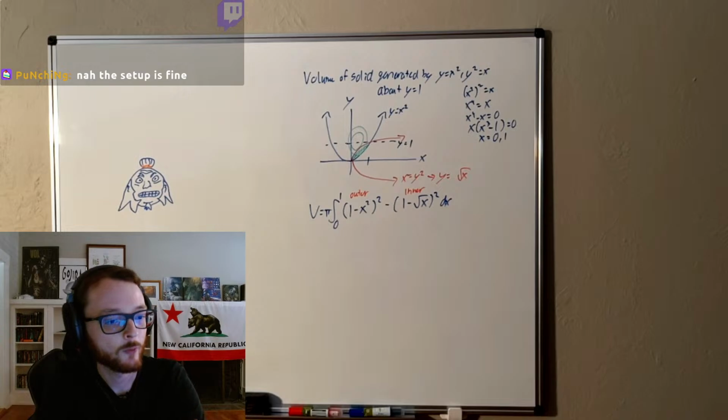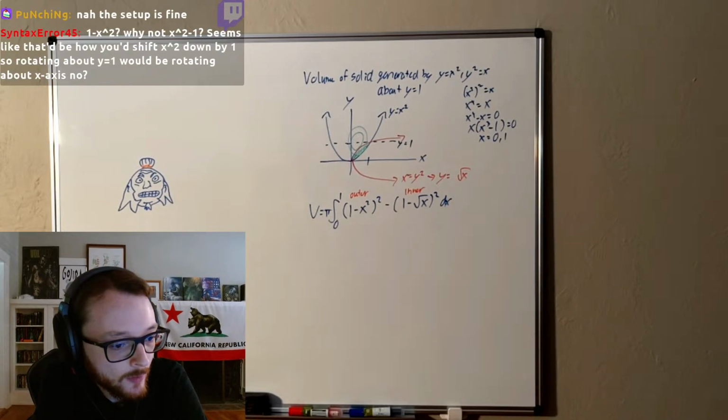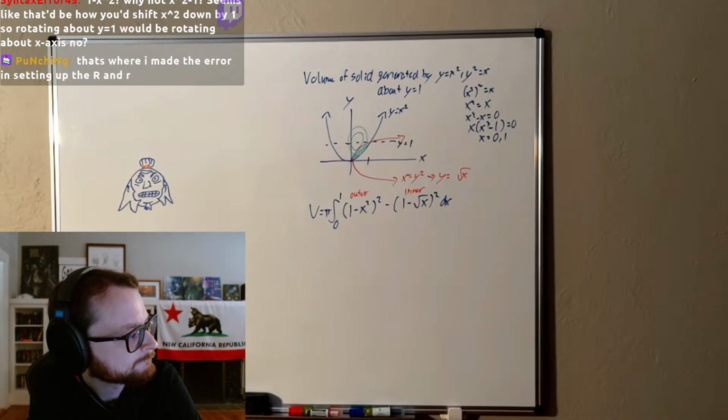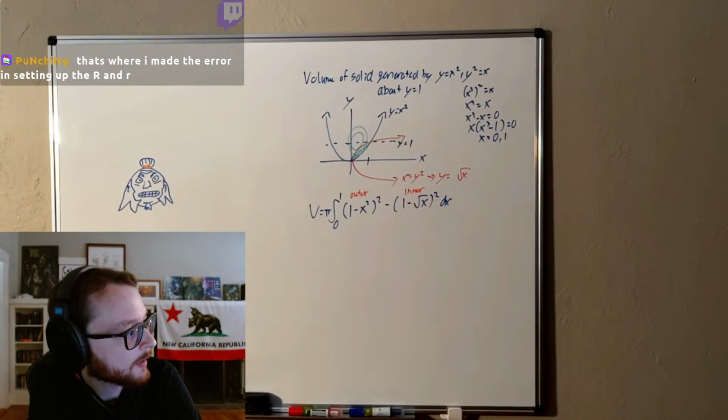1 minus x squared, why not x squared minus 1? Seems like that'd be how you shift. We're squaring it anyway, syntax, so I bet it doesn't matter. I like the 1 minus x squared just because of that little visual interpretation that I drew at the bottom part.